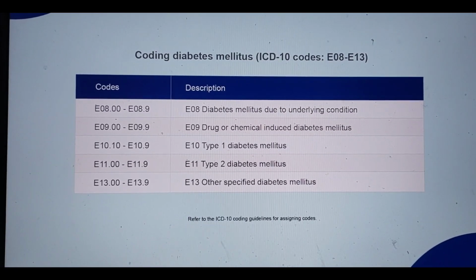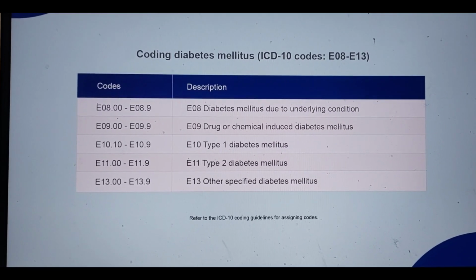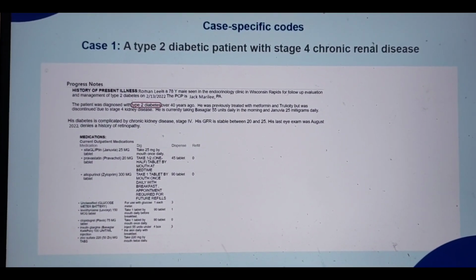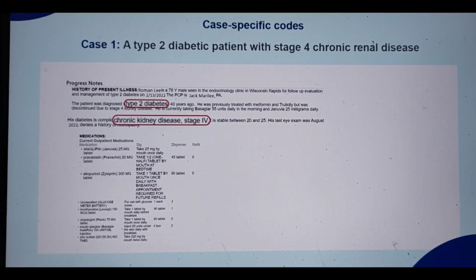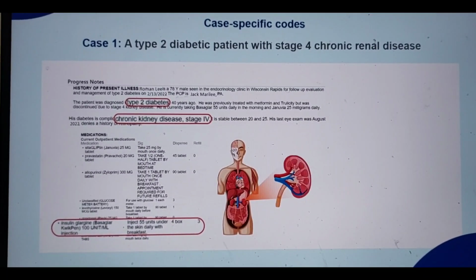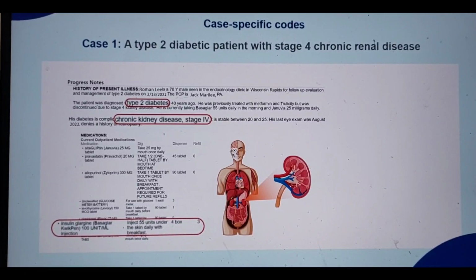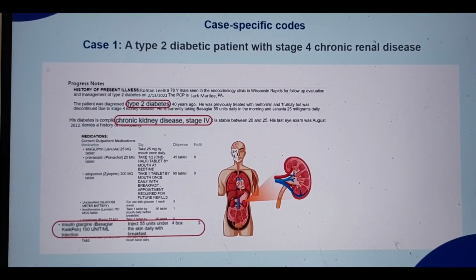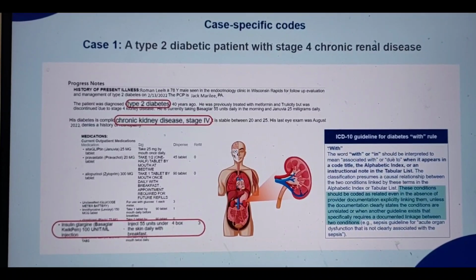Let's see some examples. Consider the case of Roman, a type 2 diabetic patient with stage 4 chronic renal disease, who takes insulin daily. To code this scenario, refer to the ICD-10 guideline for diabetes with rule.